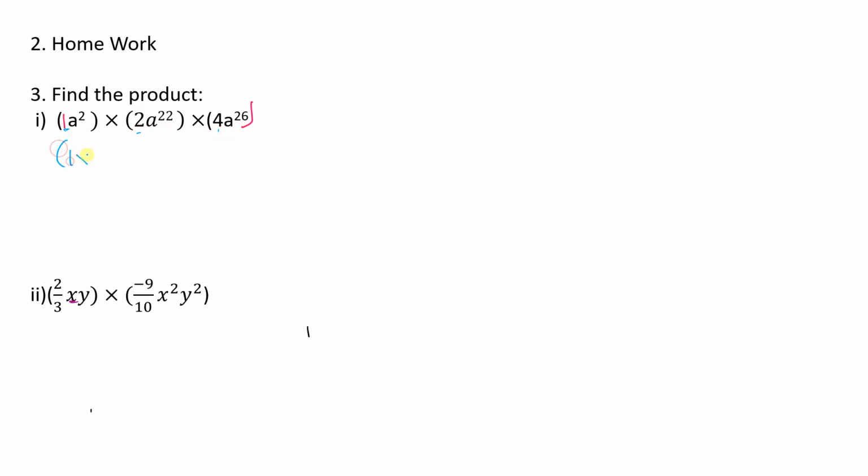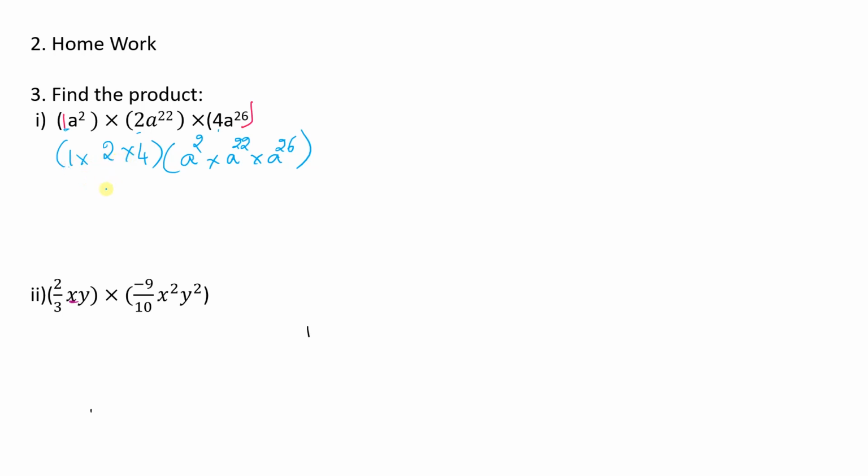So you need to multiply 1 into 2 into 4. Then multiply the literal factors, a square into a to the power 22 into a to the power 26. So while finding the product of monomials, you need to multiply their coefficients first and then the product of the literal factors.